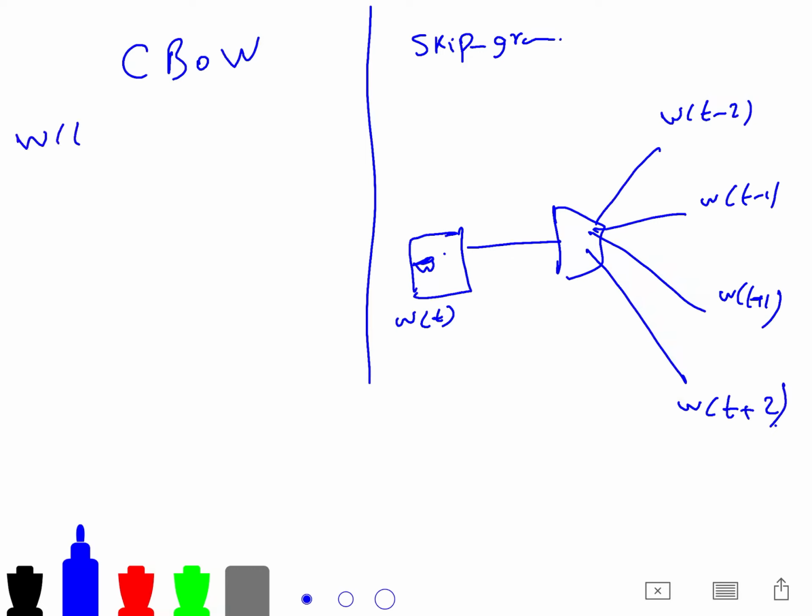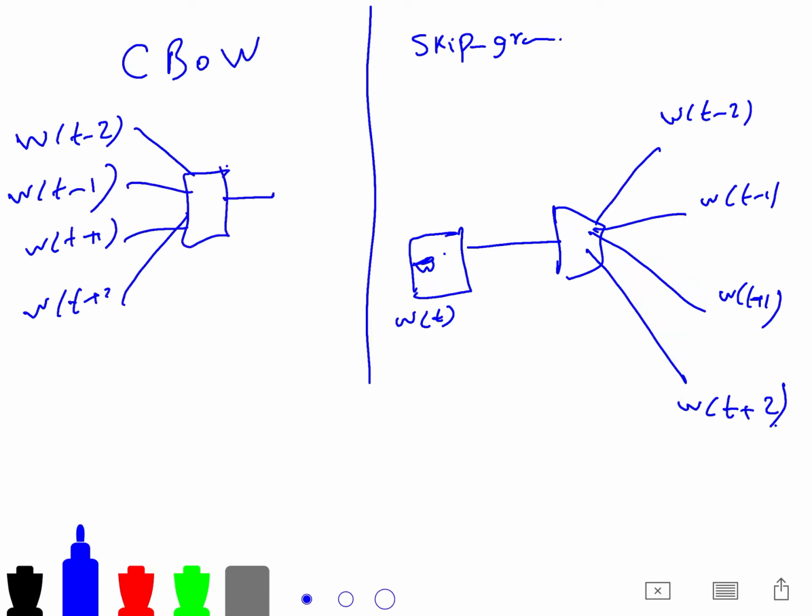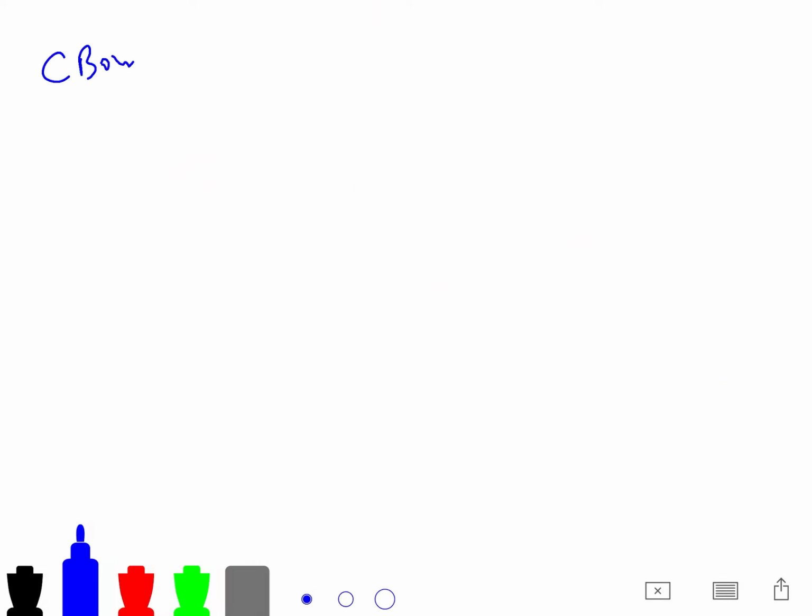So we have some context, WT minus 1, WT plus 1, WT plus 2. They come to the summation, and then you get WT after summation. So in continuous bag of words, you have some context, and then you have some word. So from those contexts, you want to predict the word.